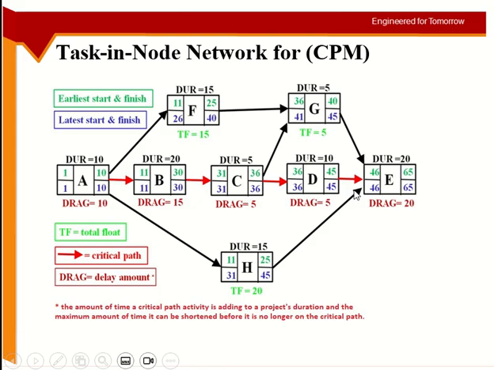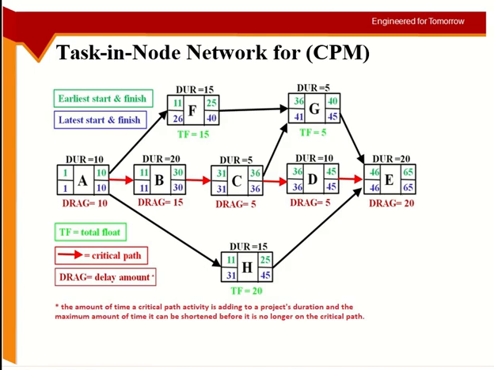The path along which the activities have 0 total float. If I take late minus early here, 0, 0, 0, 0, 0. So all activities along this path have a total float of 0.